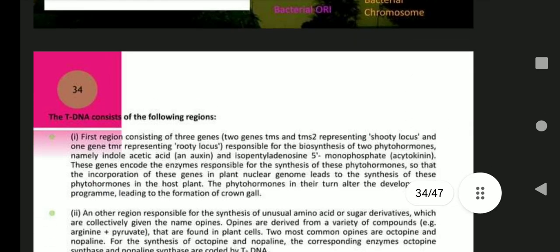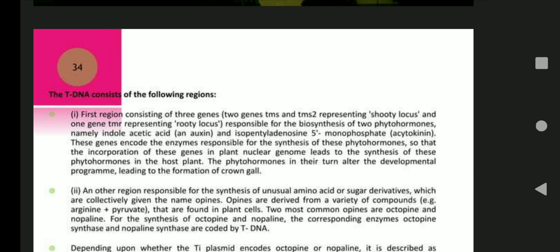The T-DNA is normally ampicillin resistant in nature, whereas the T-DNA consists of the following regions: two genes, TMS and TMR, the shooty locus and the rooty locus, also called the tumor locus.